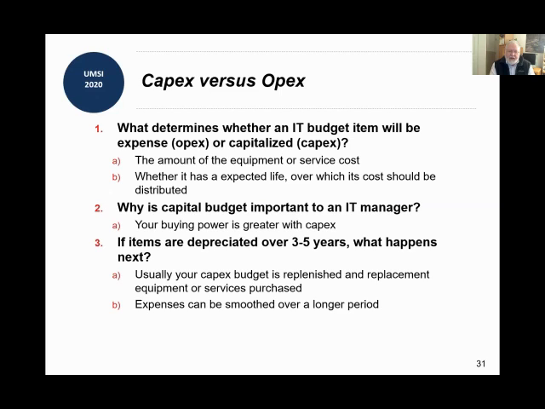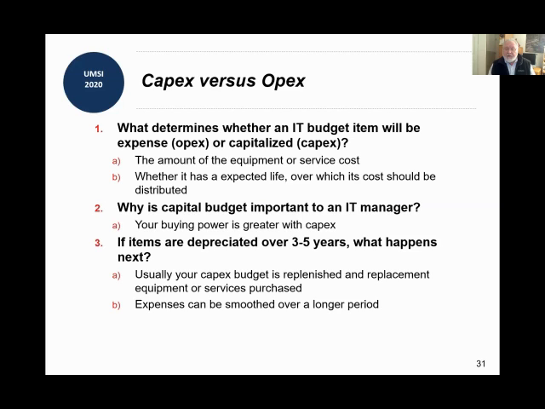And then what happens next is, when something is at the end of its depreciation, at the end of those 3 or 5 years, then the CapEx budget's replenished because things roll off of the depreciation schedule as the payments are finished, and then new items can go on. So your buying power then increases by the things that come off the depreciation schedule as well.